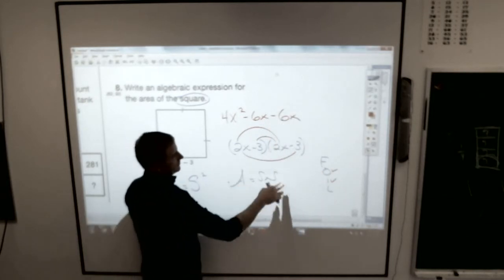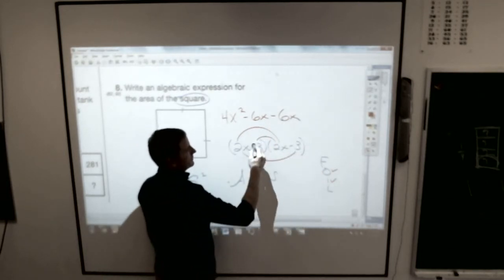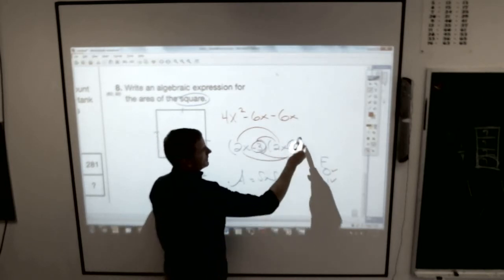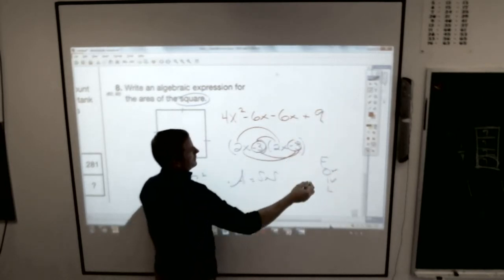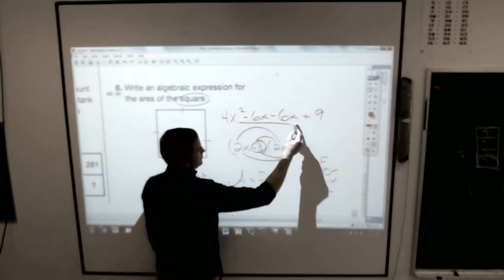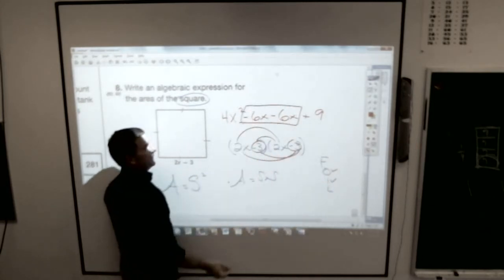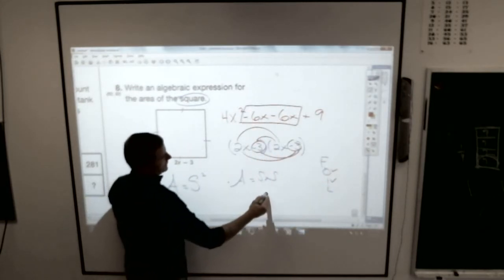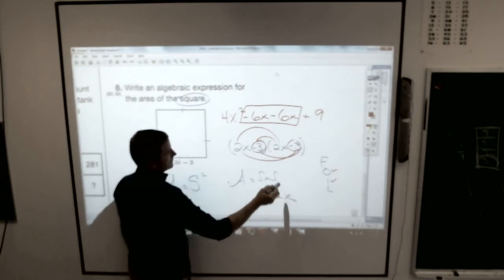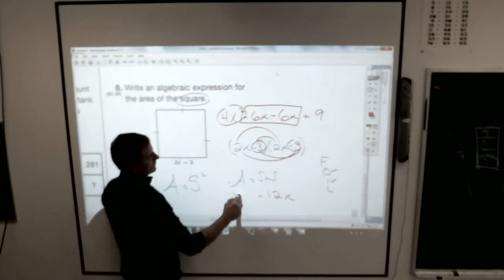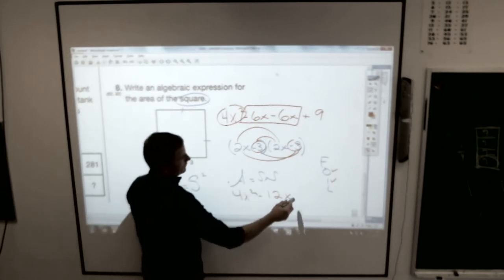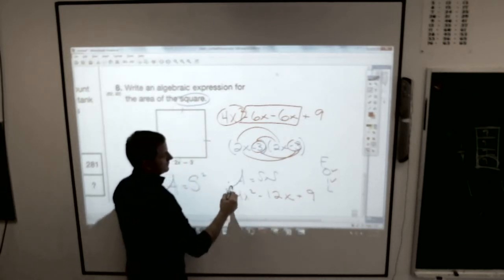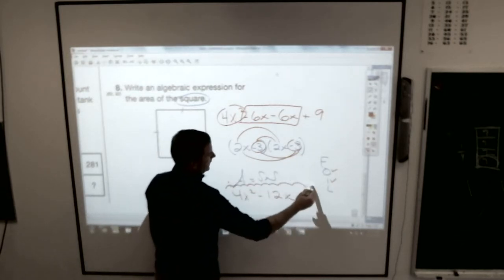And then your last term, negative 3 times a negative 3 is a positive 9. Generally with FOIL, the 2 middle terms will combine. A negative 6 and a negative 6 is a negative 12x. You still have the 4x squared out front, and you have the plus 9 at the end. Nothing simpler than that, is there?